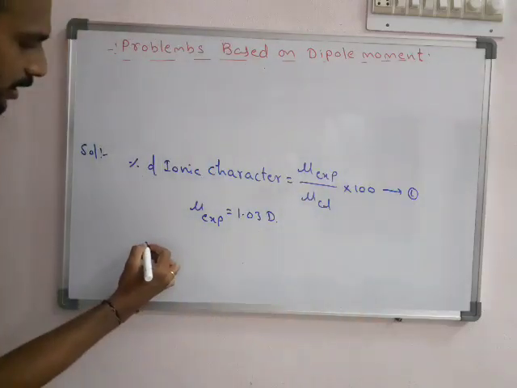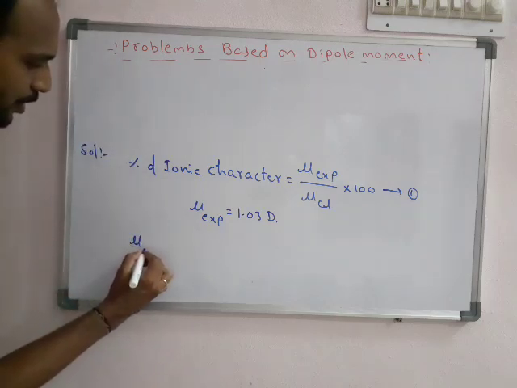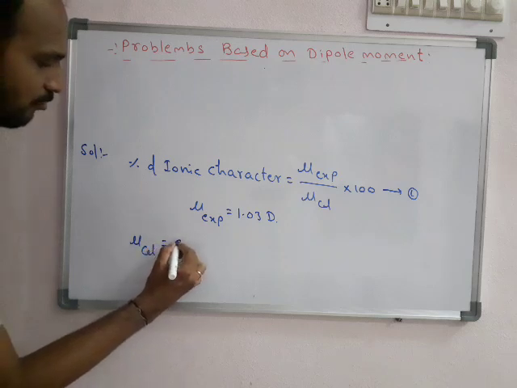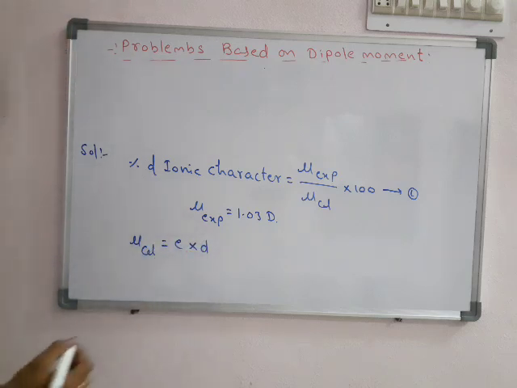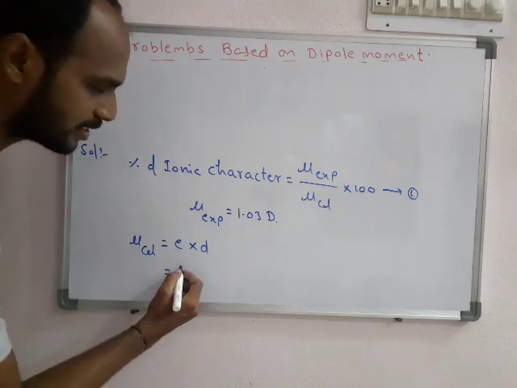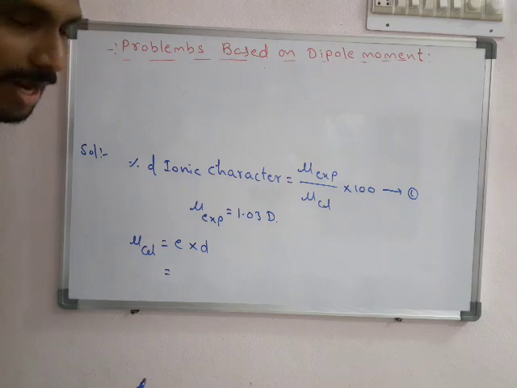Okay, see here, we know the formula for the theoretical dipole moment: charge into distance. So what is the charge? Is any separate charge given? Generally charge is not given. We need to remember that charge is nothing but the electron charge.